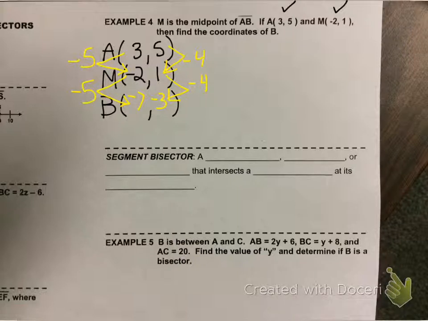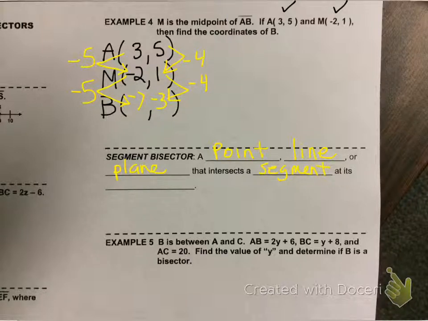Now, the next thing we're going to talk about is what a segment bisector is. A segment bisector is really the same thing that we've talked about so far, except a midpoint is just a point. A segment bisector can be a point, a line, or a plane that intersects a segment at its what?